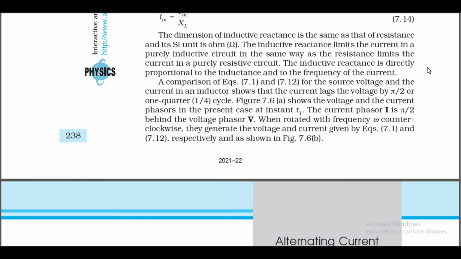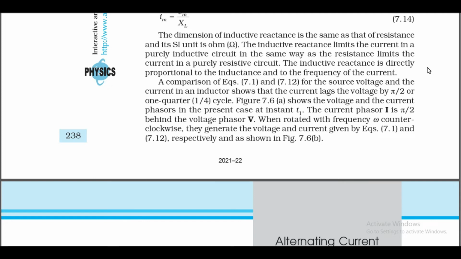A comparison of equation 7.1 and 7.12 for the source voltage and the current in an inductor shows that the current lags the voltage by π/2, or 1/4 cycle. Figure 7.6a shows the voltage and the current phasors.